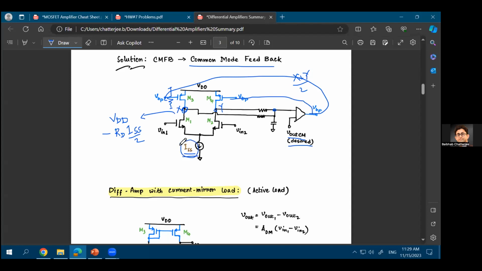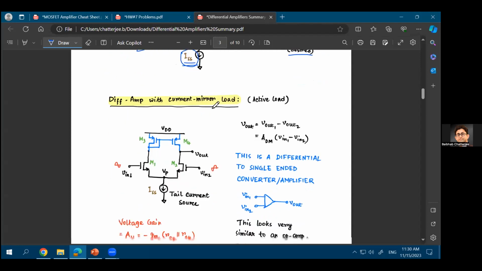Again, much more involved, much more complex concept. But the message that I wanted to get through to you is that if you don't have these current sources as independent current sources, if you can somehow make them dependent, then the fight between these two current sources will not be there.